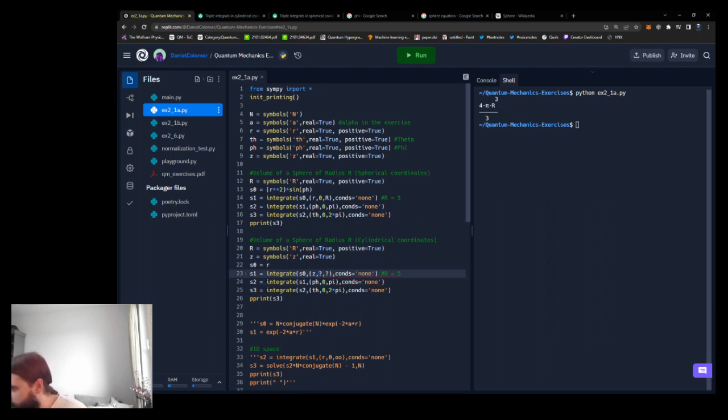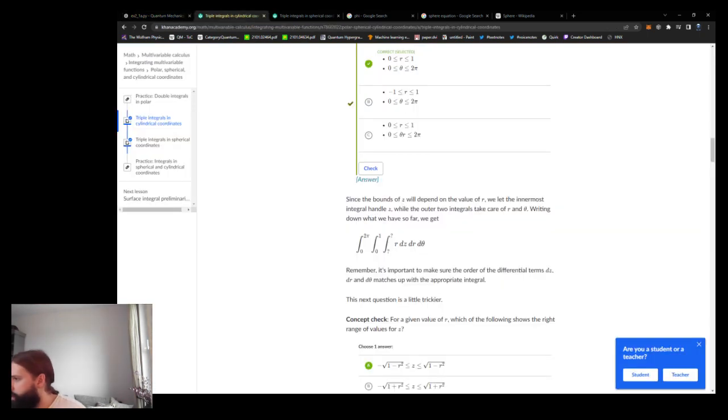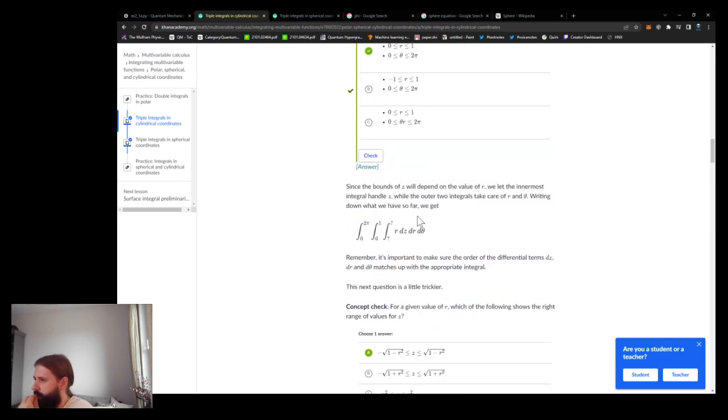Then what do we have? Then we have r. Why are we doing this? Does this make sense? Cylindrical. So we're doing first the integration over z, then we're doing the integration.